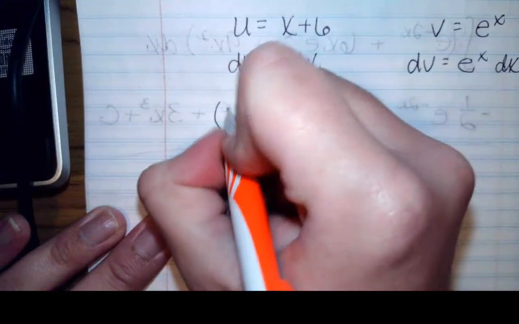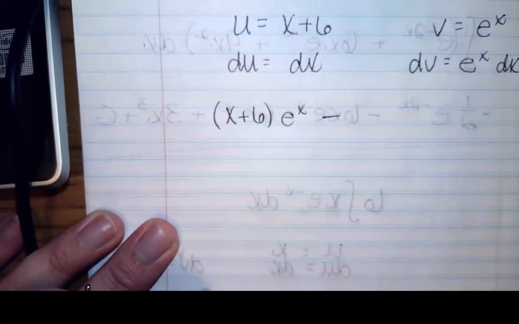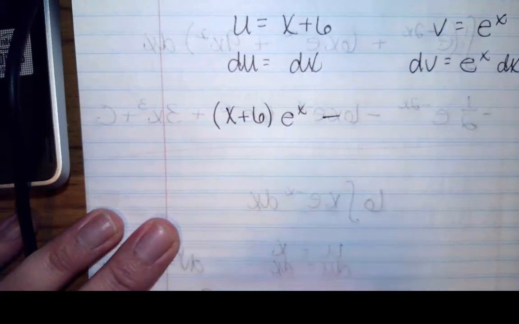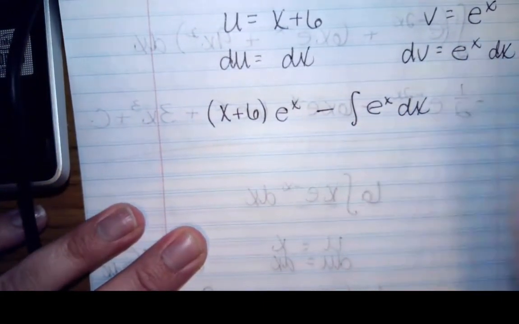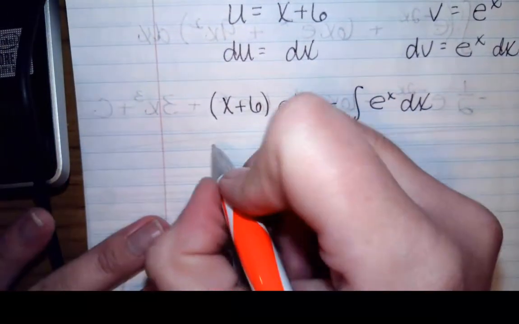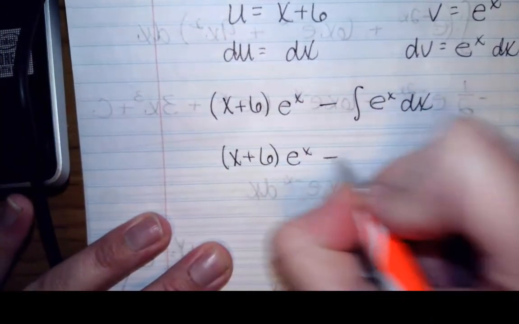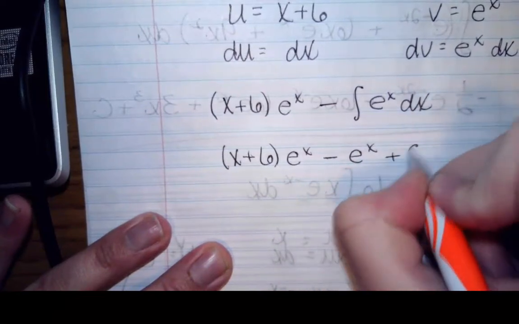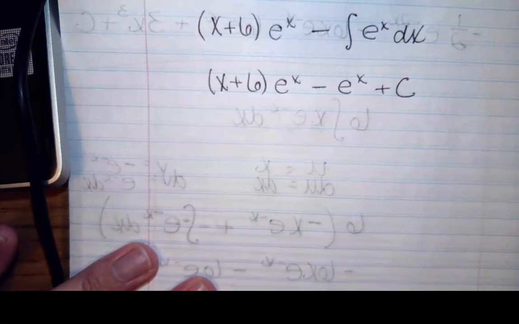So uv is going to be x plus 6 e to the x minus the integral of v du. Do I know how to integrate this? I do, it's already done. So I have x plus 6 times e to the x minus e to the x plus c. And you're good to go.